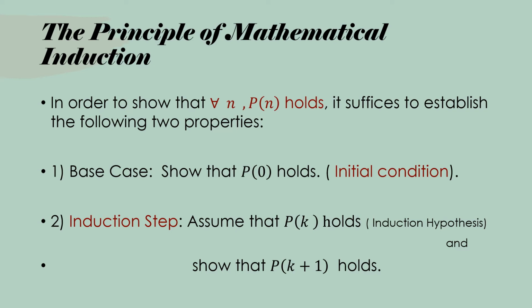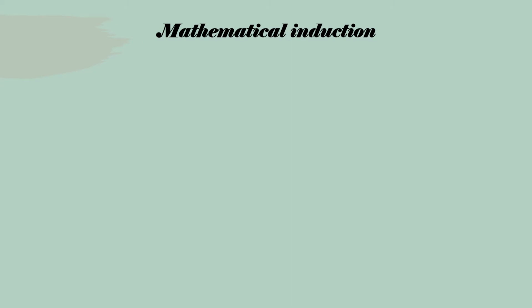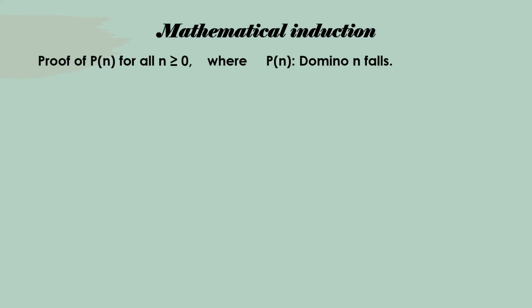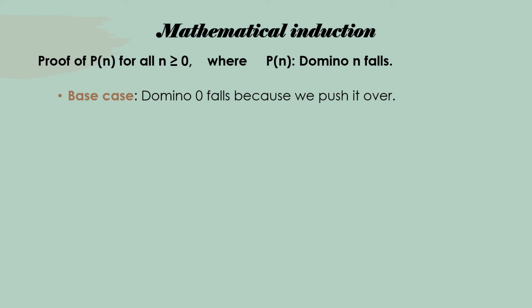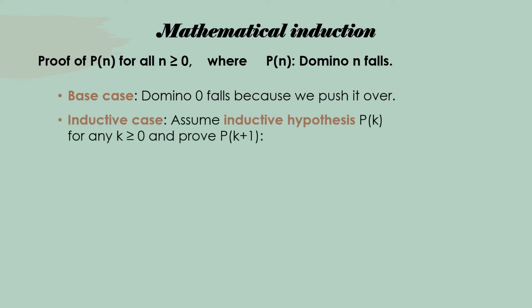So let us use mathematical induction for the domino effect. Let us prove this by mathematical induction. The claim P(n), that domino n falls, is assumed. The base case is true because when n is equal to 0, there is no domino, so that is true. For the inductive case, we assume the inductive hypothesis that the statement is true when n is equal to k, that is, k dominoes fall.